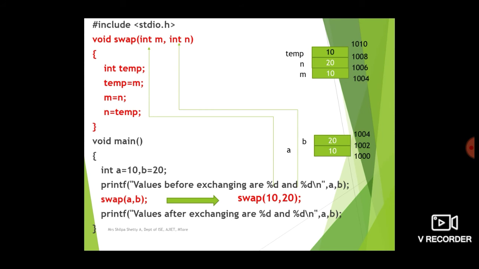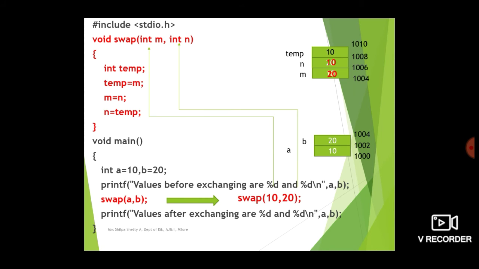What is the value of n? 20, so m is equal to 20 now. And then we have n is equal to temp. Temp is 10 now, so n is equal to 10. What we see here is, earlier m and n values were 10 and 20, and now it becomes 20 and 10 with the help of the temporary variable. That means the values get swapped here.